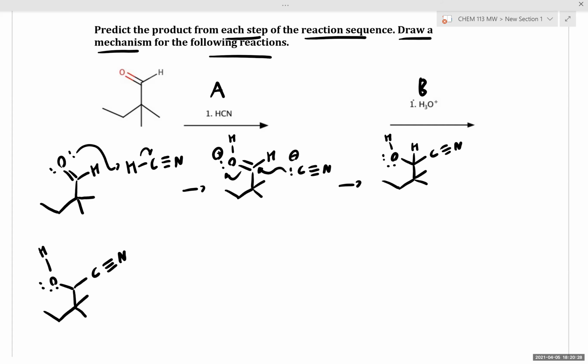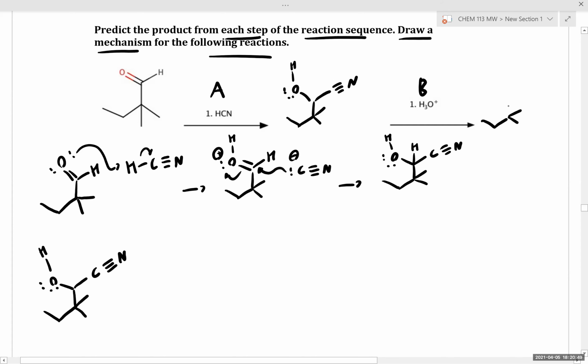So we have students noting that if you treat this cyanohydrin with aqueous acid, we will hydrolyze our nitrile and we end up being able to isolate a carboxylic acid. Yep. So would anyone like to try to draw the mechanism for this process?